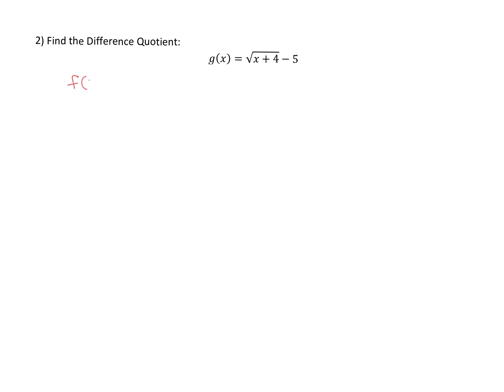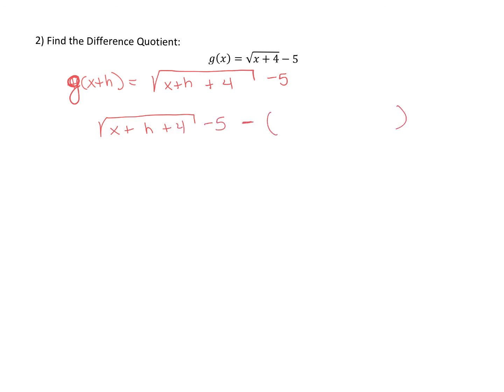Let's start by finding f of x plus h. That means plug x plus h into f of x for x. Actually, this is g of x plus h. I didn't notice that. Okay, so this can't really be simplified. So when I put it in my difference quotient, we're just going to have g of x plus h minus g of x all over h.